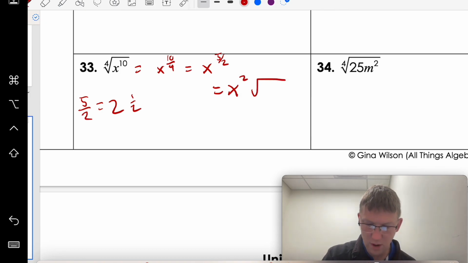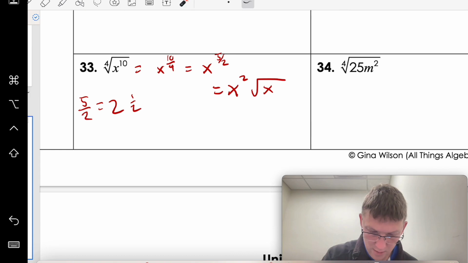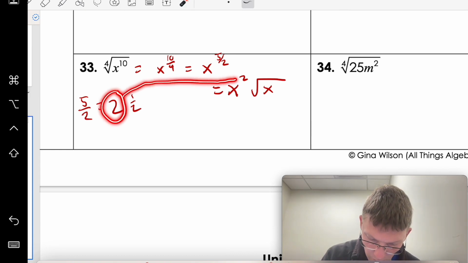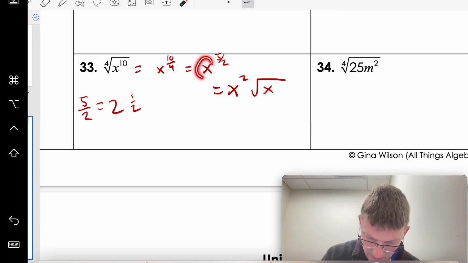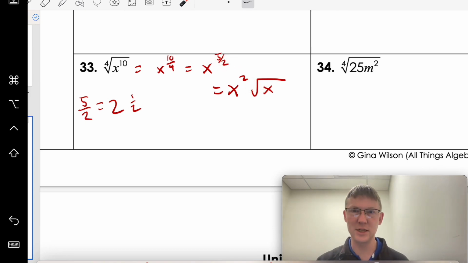This is a square root, and then we're just going to have, it looks like 1 x left over. So again, this 2 went right there. This x went right there. And this 2 went right there. There is no 2 written right there because it's an implied 2. So that's how you do that one.